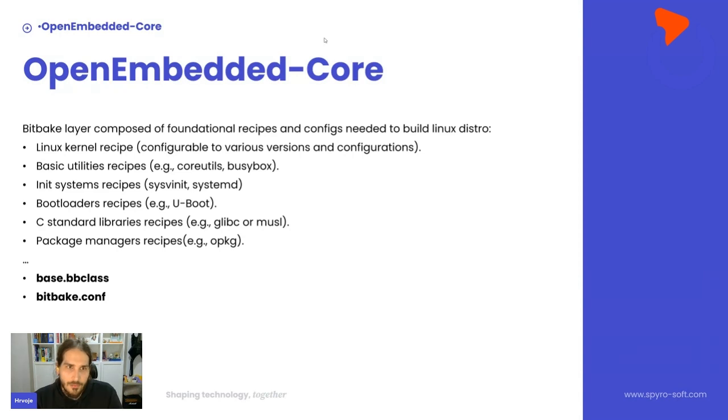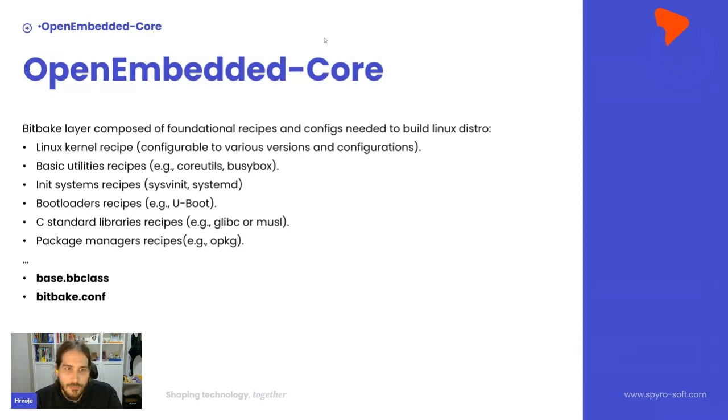A lot of basic utilities recipes. For example, you can choose between GNU Core Utils or BusyBox, or we also have init system recipes. You can again choose between sysv init and systemd. Bootloader recipes. Now you can, alongside with your image, build your bootloader, and you can also configure it.